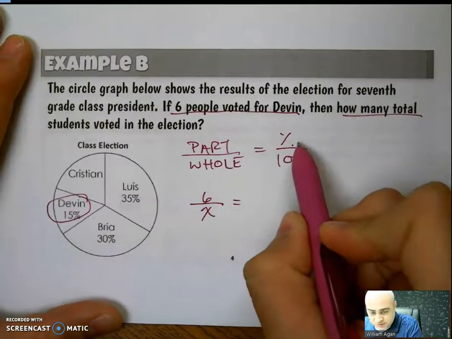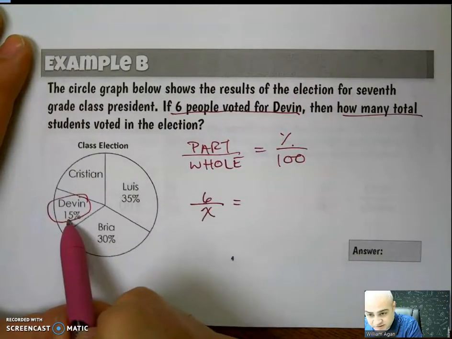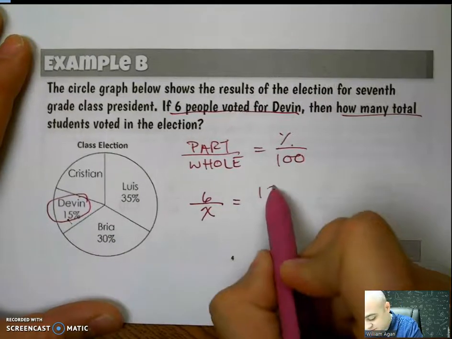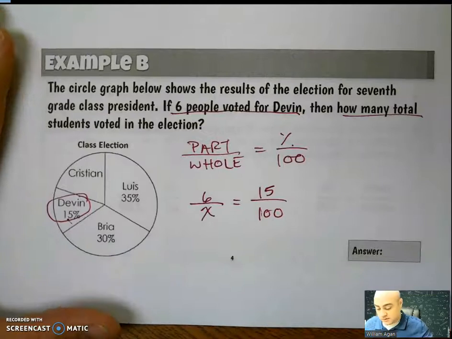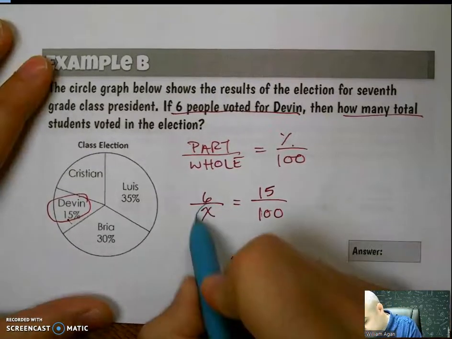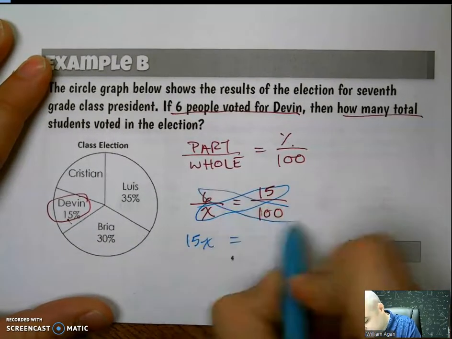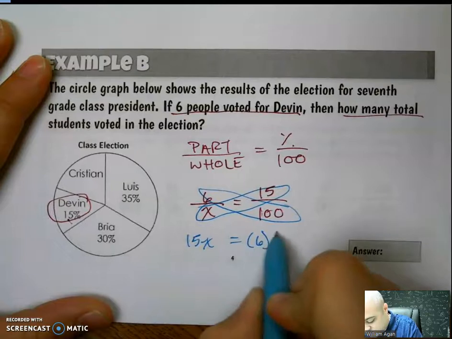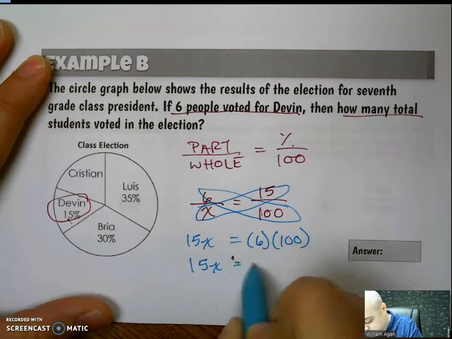The percent, this is what we were solving for X in the last one, but on this one, we know what the percent is. They told us. So that's 15 over 100. Okay, so now we solve our proportion. X times 15 is 15X, and that equals 6 times 100. 15X equals 600.